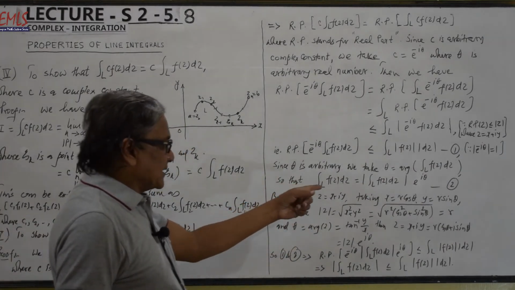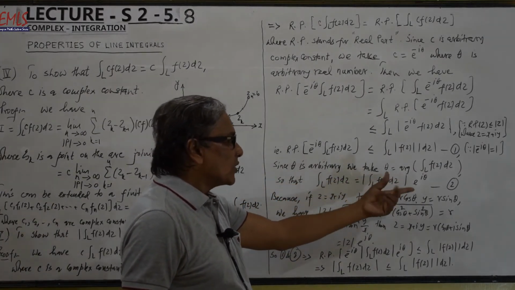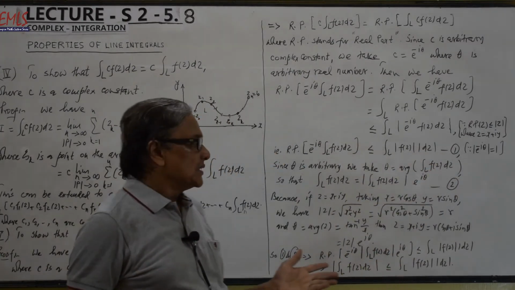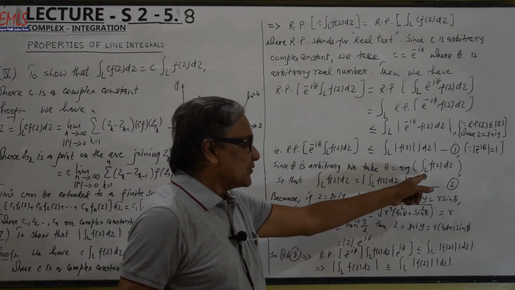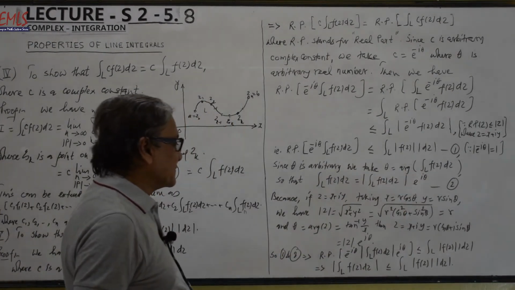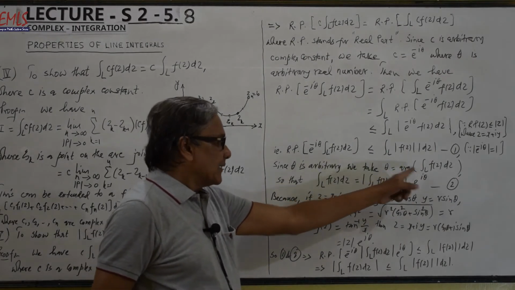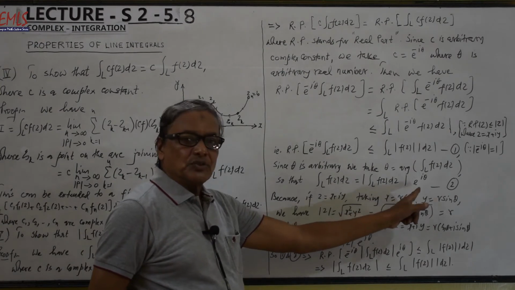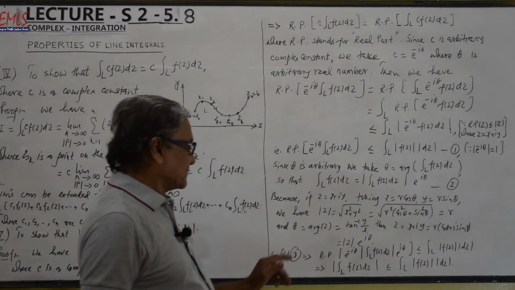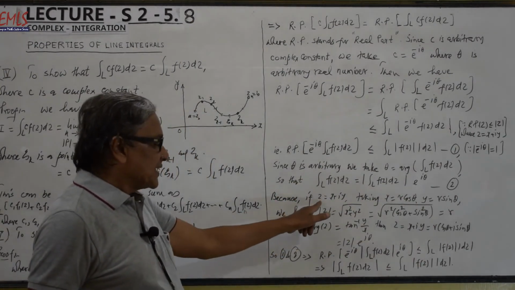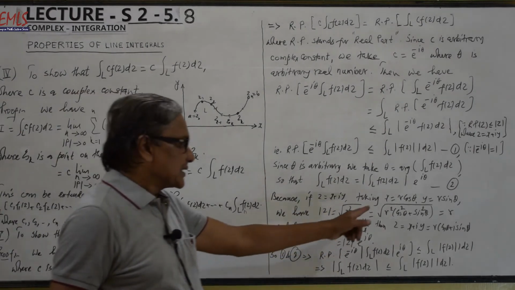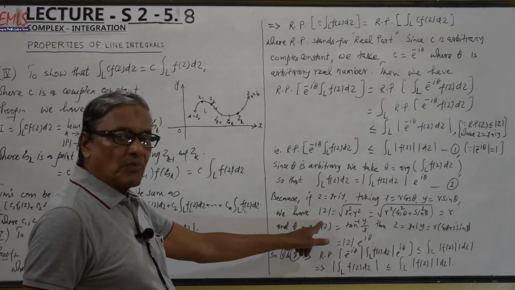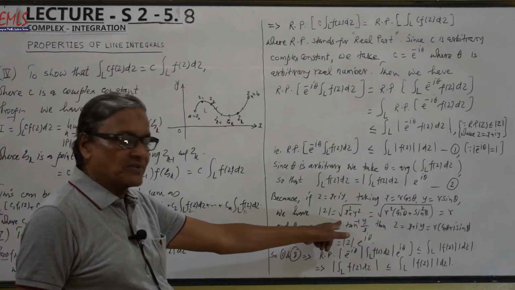Since theta is arbitrary, we take theta equal to argument of this complex number. Integral over L f(z) dz is also a complex number. We take theta equal to argument of integral over L f(z) dz, so that integral over L f(z) dz will be equal to mod of integral over L f(z) dz times e to power i theta. How it works? Because if z equal to x plus iy, taking x equal to r cos theta, y equal to r sin theta, we have mod z equal to root over x squared plus y squared.